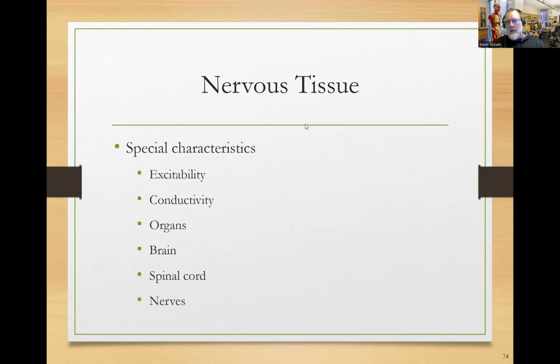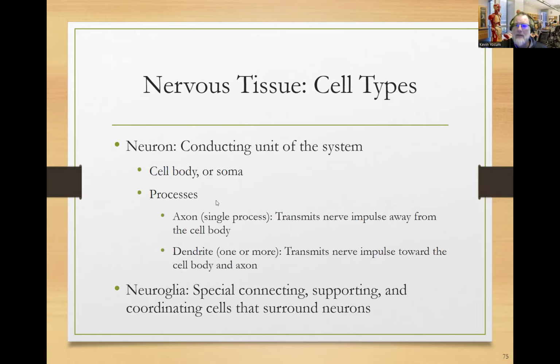And embedded in all of it, except for epithelium, running through muscle tissue and connective tissue, is nervous tissue. Nervous tissue provides excitability and conductivity. We find it throughout the body. It's able to be stimulated or excited, and it's able to conduct electricity, sending signals.